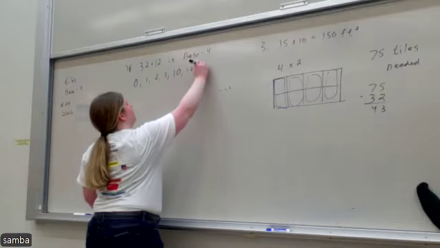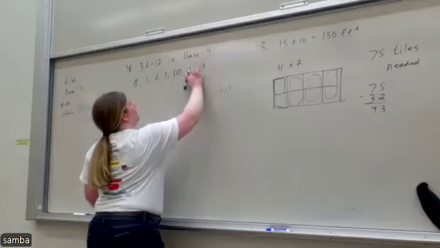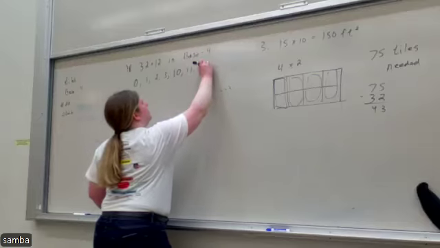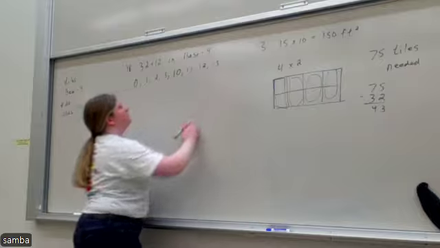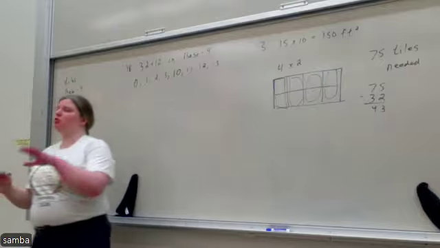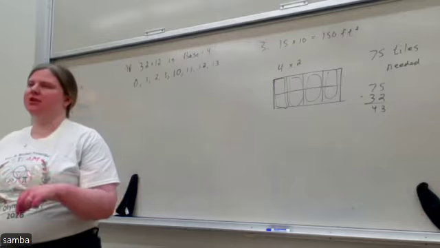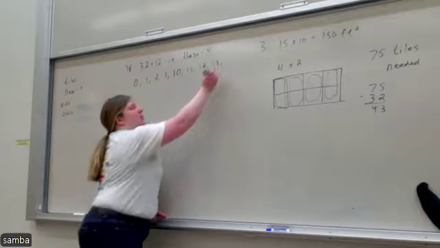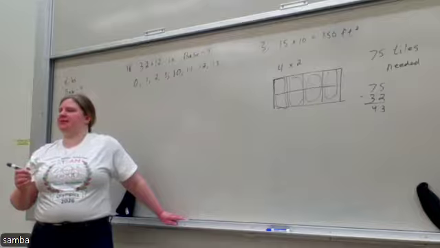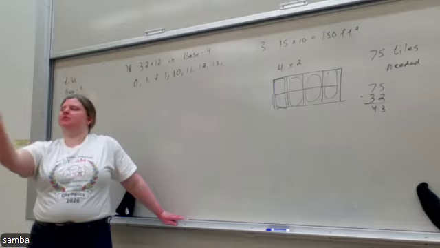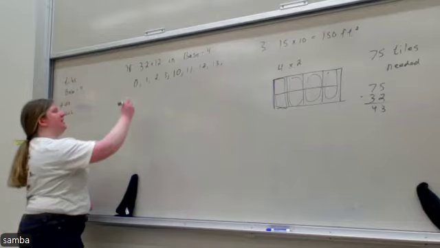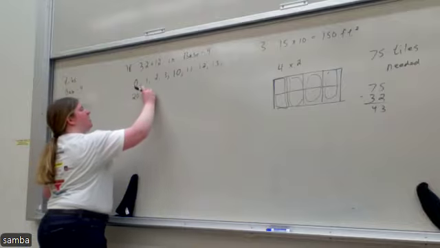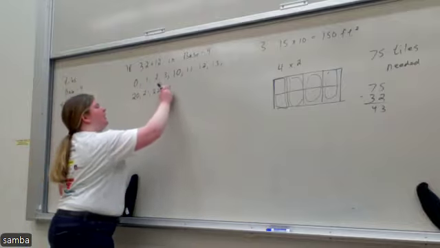So 10, 11, 12, 13. And then again, you get to the last number that your digits are allowed to use. And so after 13, what would be next? Yeah, I heard people say it. 20 is next. And then 21, 22, 23 like normal.